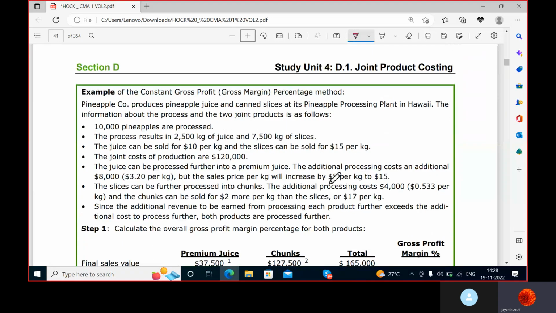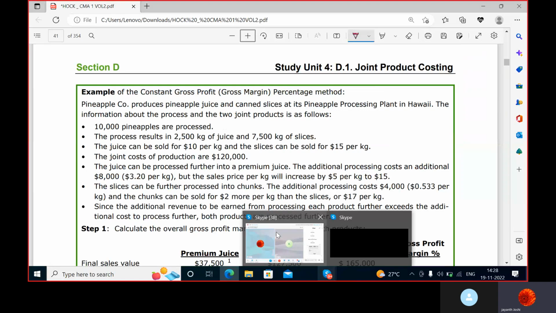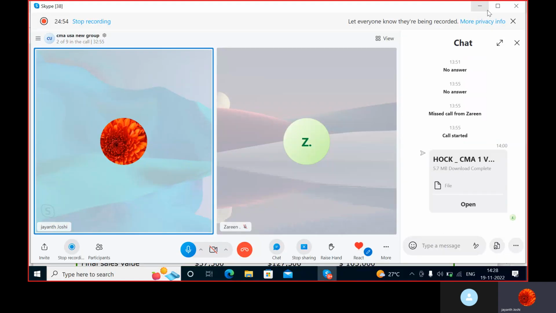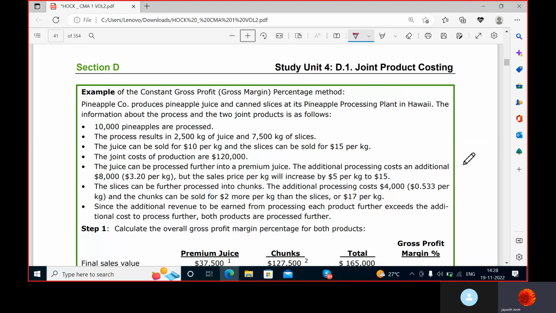Just read this question, Zarina. Example of constant gross profit, gross margin percentage method. Pineapple company produces pineapple juice and canned slices at its pineapple processing plant in Hawaii.